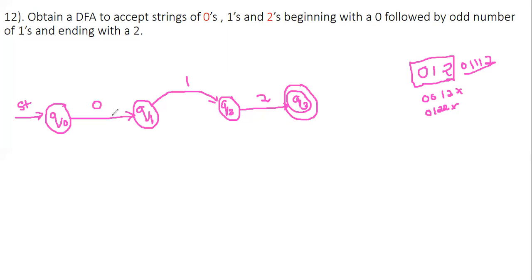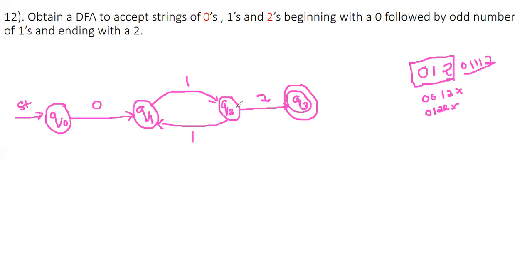So now observe it. 0, you are reaching q1. On receiving 1, you will be reaching q2. Now if you are having an odd number of ones, and I provide a reverse loop for 1 from q2 to q1, see here, if you are having an odd number of ones, first one, second one, and the third one.